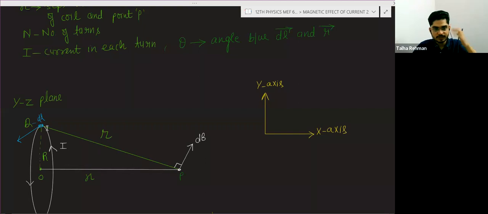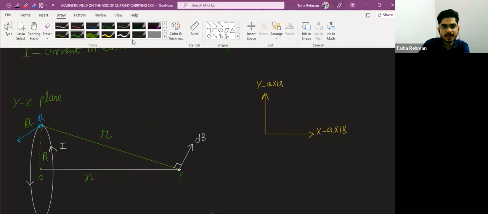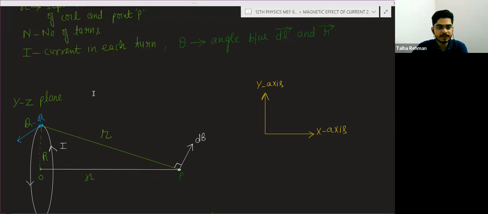So this is the direction of the dl vector and this is the direction of the r vector. The point here is a very important point. The angle between this dl vector and r vector will be 90 degrees. Remember this point. This angle will be 90 degrees.